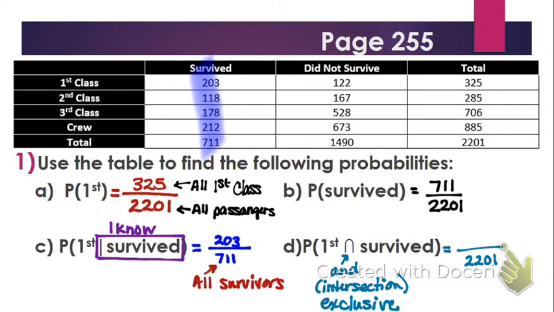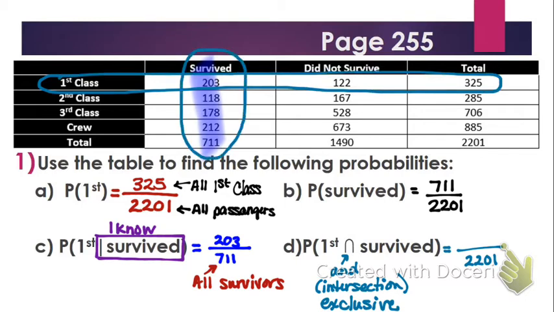And the numerator, 203, because we want to look at the intersection of the row and the column. So I'm looking at first class and survived, and those two intersect right here. So that's my numerator. So this is both first class and survive.